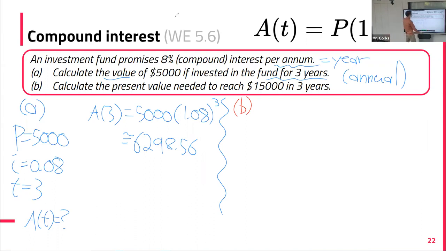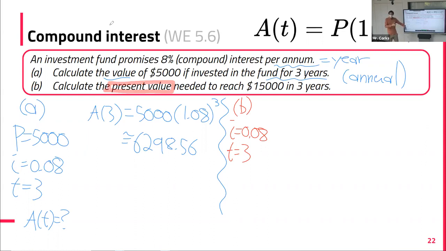All right. Okay, so we're given I is the same, 0.08, T, we are given that as well. What are we being asked to find? P. Okay, P, so we have to read the situation carefully. It says present value. What does present value mean?